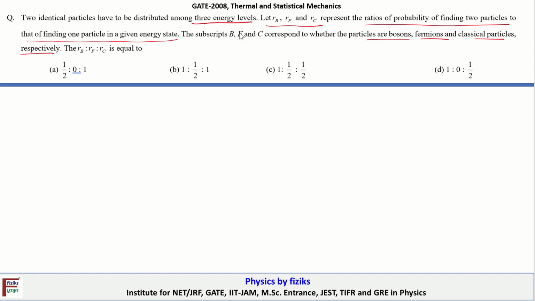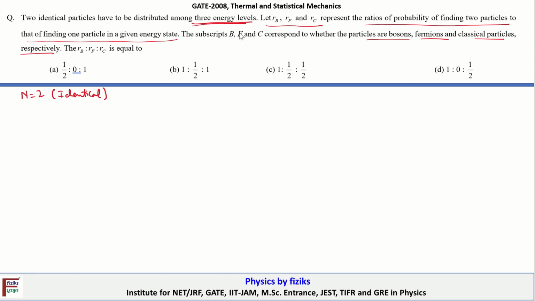Okay, so let's first try to understand the distribution of particles according to their statistics. So we are having a system of 2 particles, so n is equal to 2, which are identical. Okay, and then we have to distribute these particles in 3 different energy states, 3 energy levels you can say.